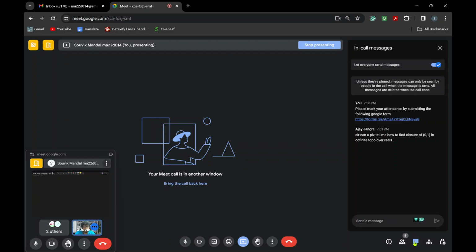Yeah, coconut topology. I have to check the closure. Yeah, we'll get into those things. Don't worry. We will do problem solving, and the question you have asked, we will do it also. But there are some theoretical aspects. First, we'll finish those.